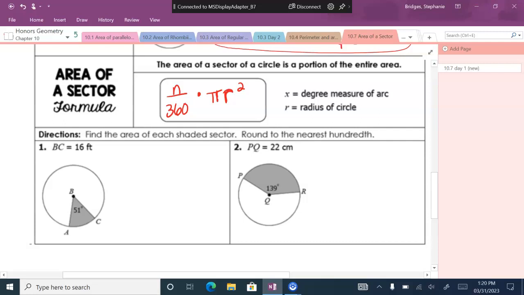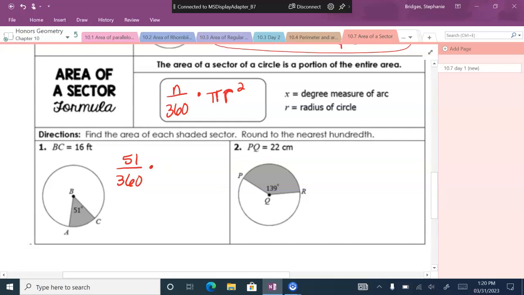So, starting with the first one, what is my central angle? What's the angle of the corner of the pizza I'm going to eat first in that picture? 51. So we're going to go 51 over 360. These probably aren't the greatest numbers to be dealing with, but we'll work with them anyway.